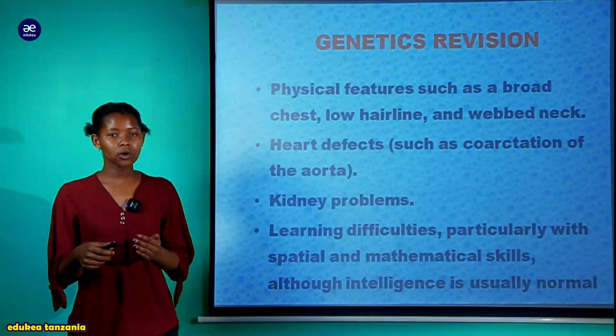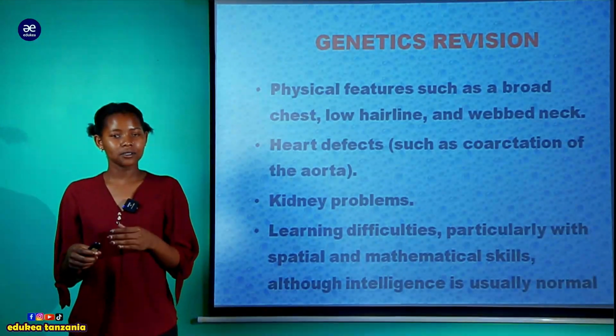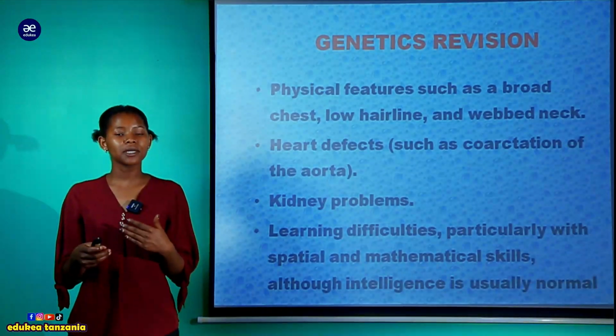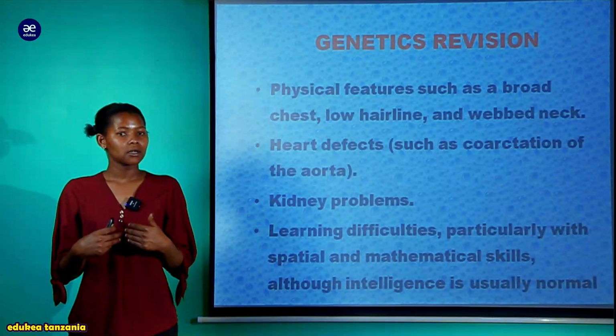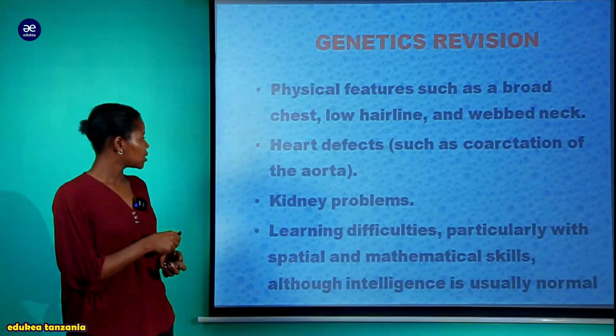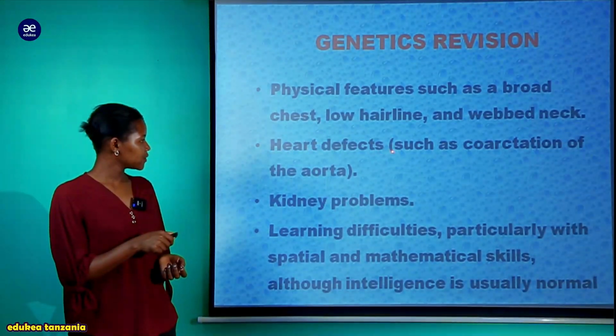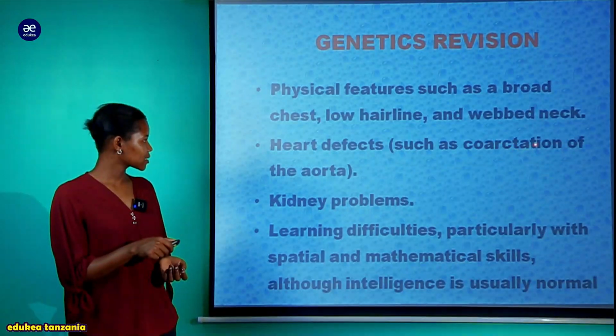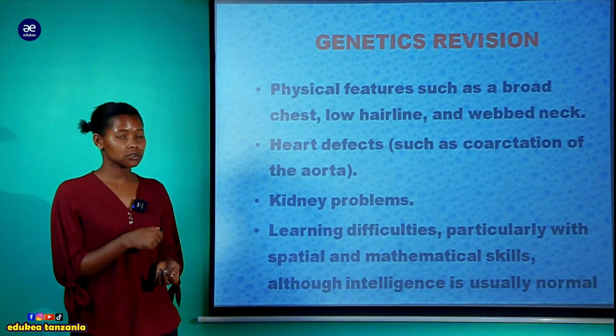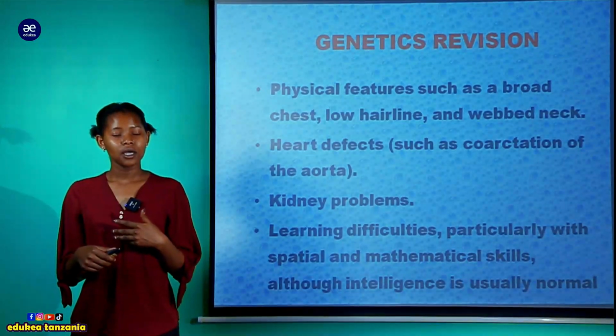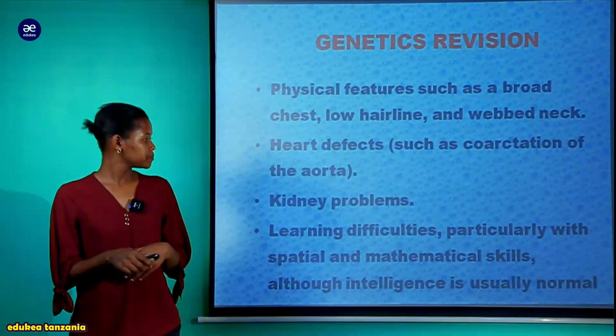Webbed neck ni shingo ambayo kama inataka kushikana na kichwa na mgongo. As you can see here, heart defects also, such as coarctation of the aorta, yanatokea matatizo ya moyo pia kwa mtu wa namna hiyo.